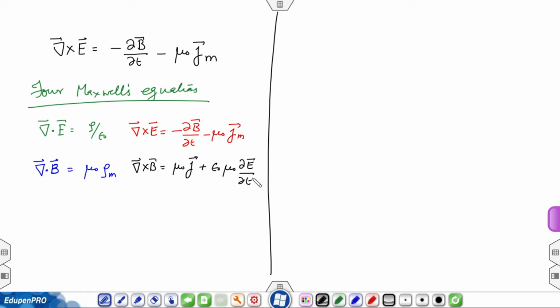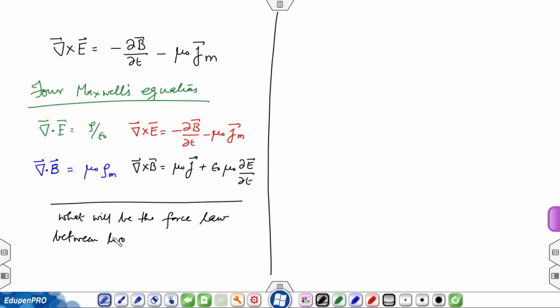Let me again throw a question at you, and that is, what will be the force law between two magnetic charges Q m1 and Q m2.